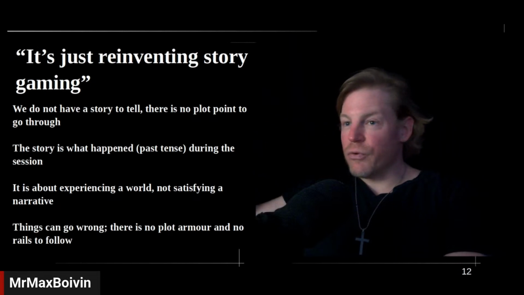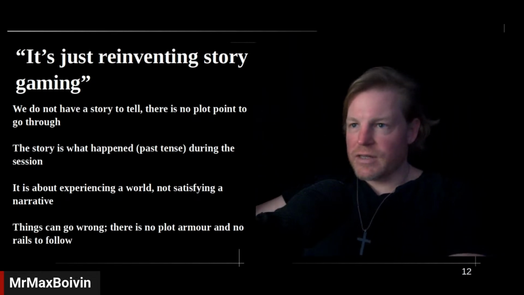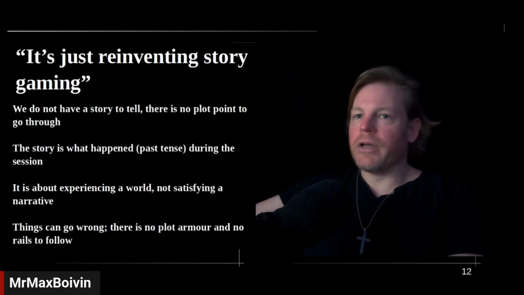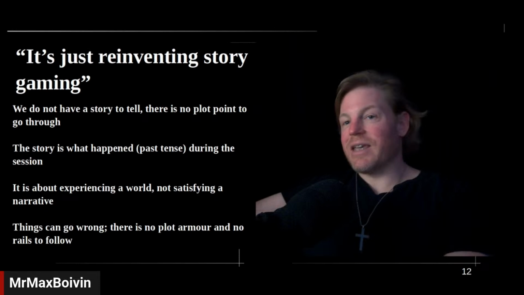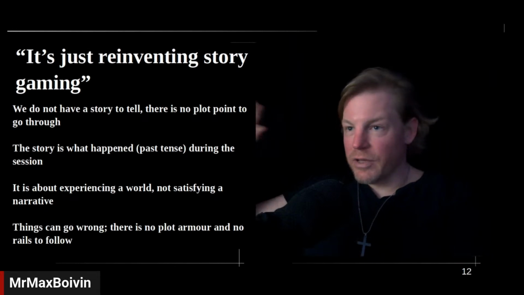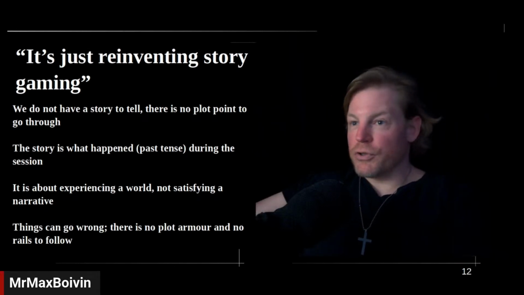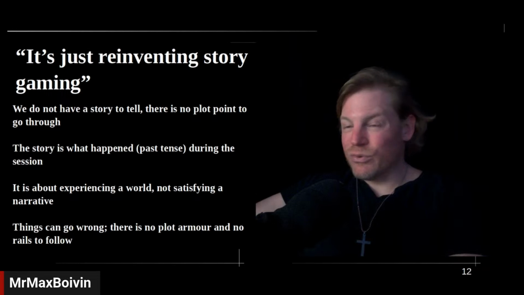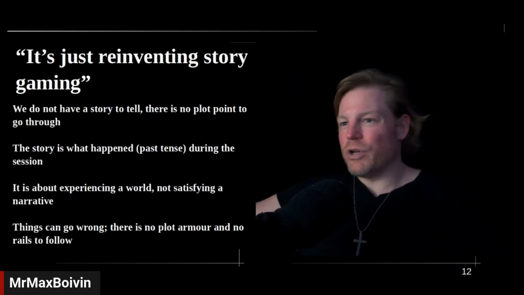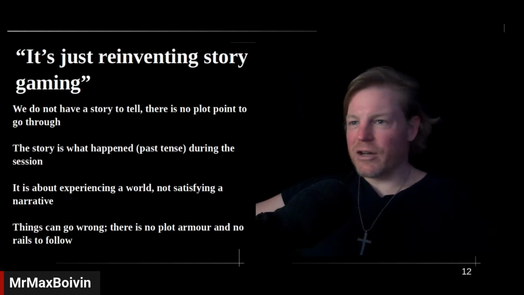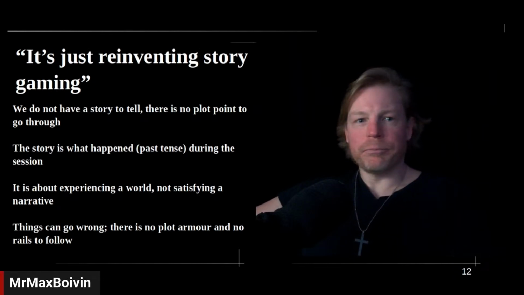We try to maintain the verisimilitude of the world and the consistency of the character, and those characters evolve in that world, and from that story arises, and things can go wrong. Not only is there no plot armor, but the characters are also free to not stick to anything. There's no rail to follow. You can try to bring some plot point, but that doesn't mean they're going to go in the direction you think they will.